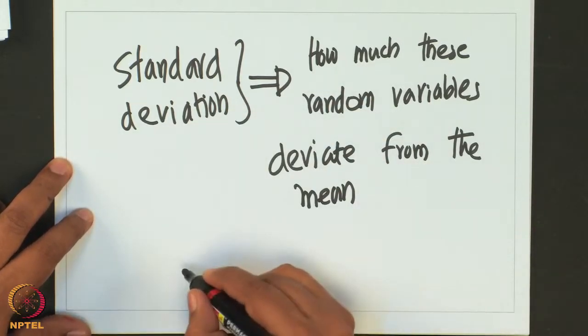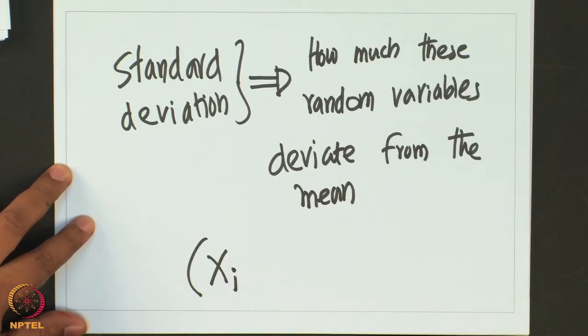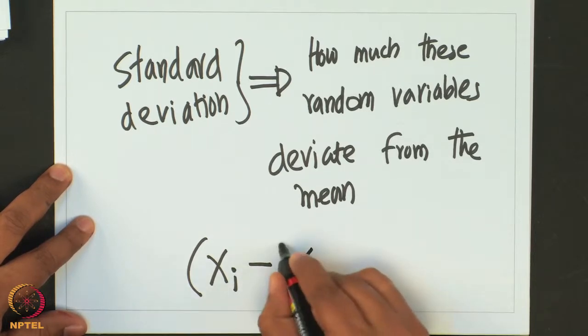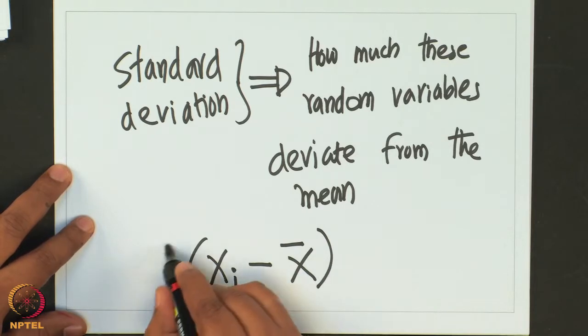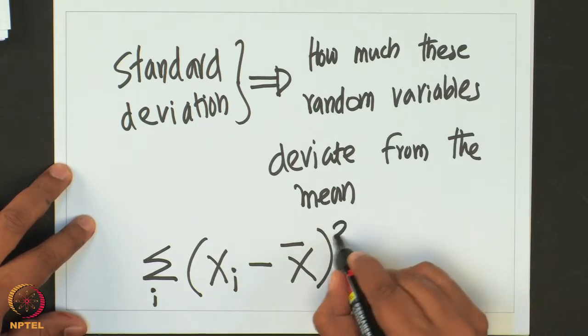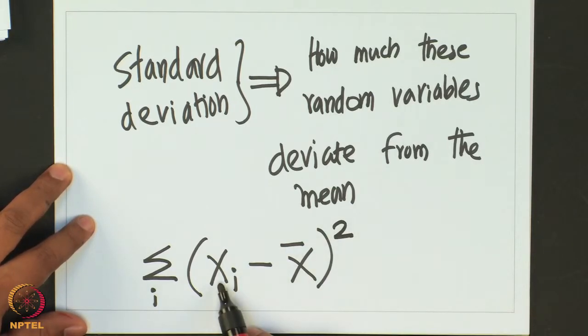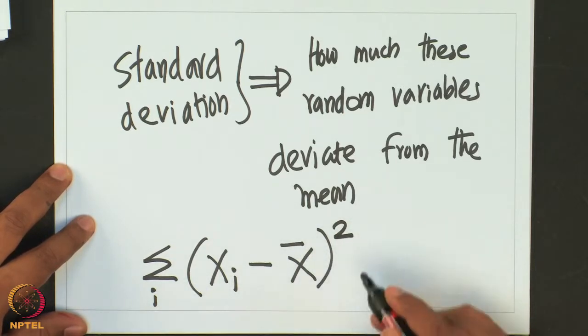So if I just take the mark of the ith course or ith measurement and subtract the mean, I will get a number. If I sum this, I will get 0. So this doesn't make any sense. So I have to square and sum. You take each number, subtract the mean from it, square and sum.